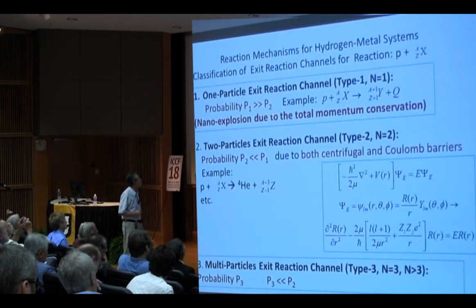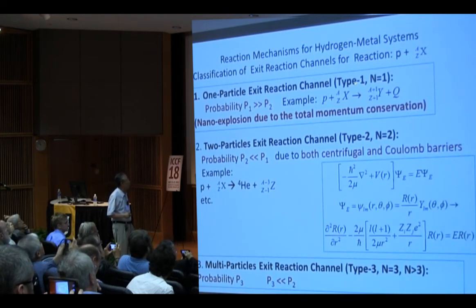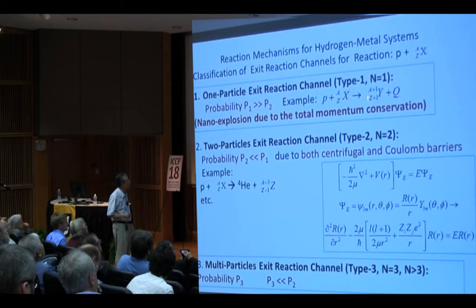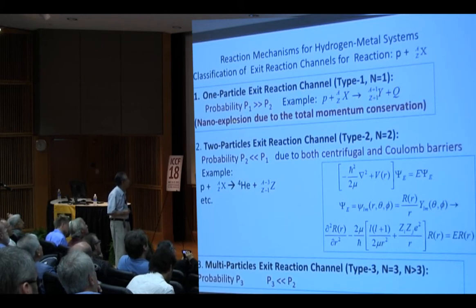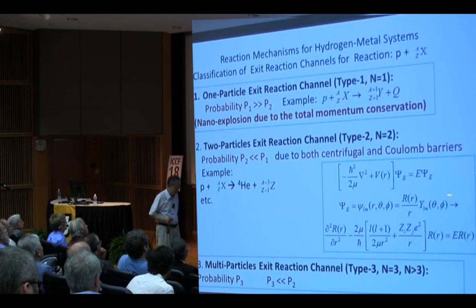So in this case, the generalized mechanism will be, again, that the type 1 channel will have just one nucleus. Now, the reason I want to emphasize this is that if you have this situation, you have to impose total momentum conservation so that it will induce a so-called nano explosion.